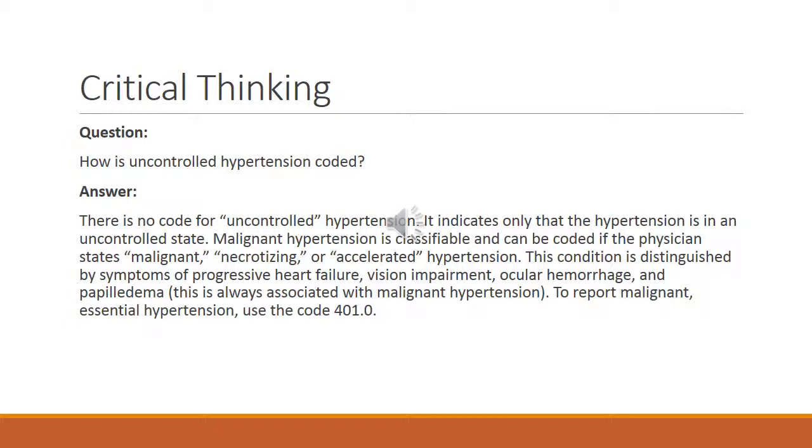Now, this condition is distinguished by symptoms of progressive heart failure, vision impairment, ocular hemorrhage, and papilledema, which is always associated with malignant hypertension. To report malignant essential hypertension, use code 401.0.